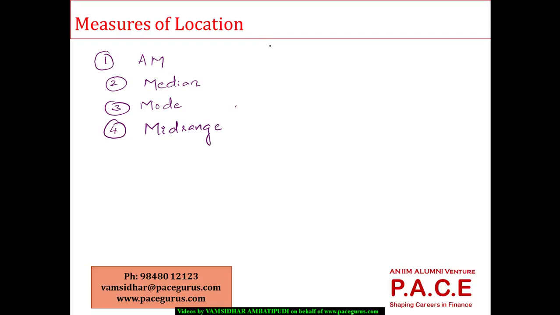Whenever I'm talking about any measure of location, it is one single value. I'm trying to compute one single value which tries to represent the center of the data. All these four are different ways of arriving at the center of the data.